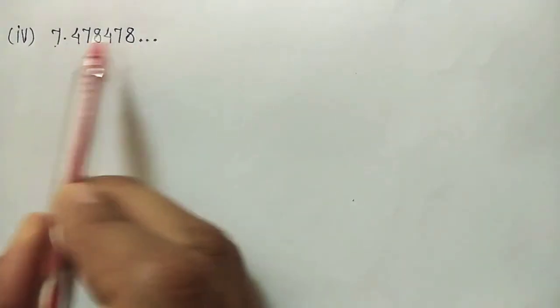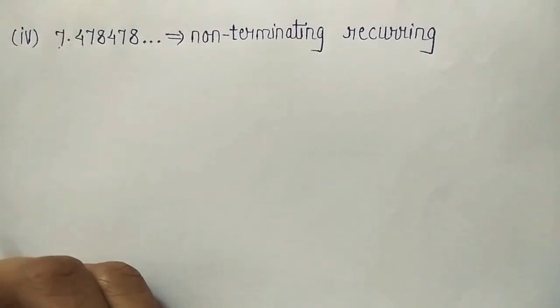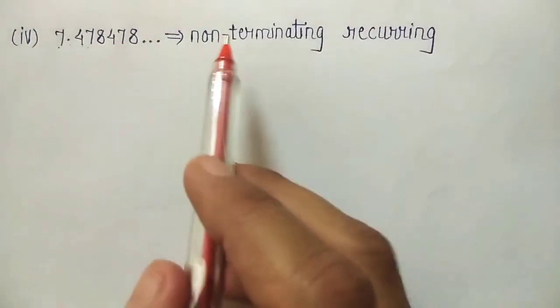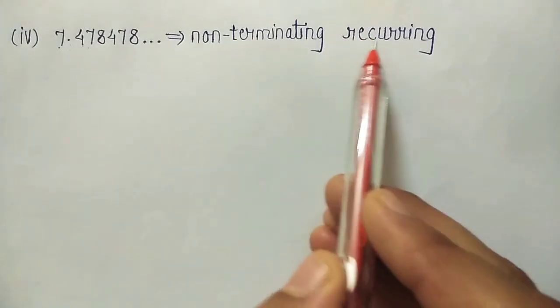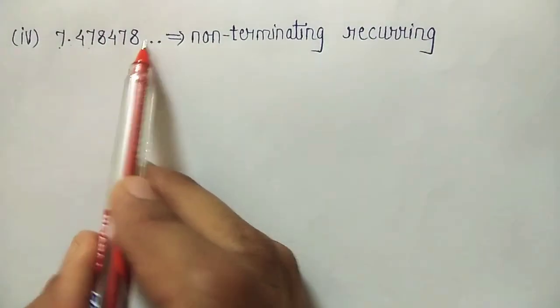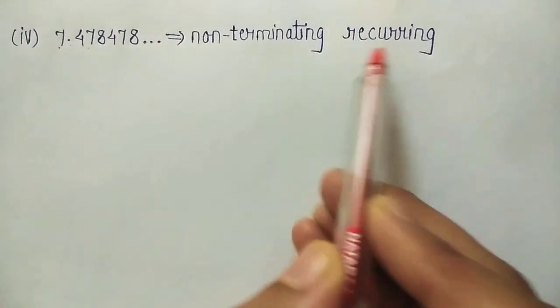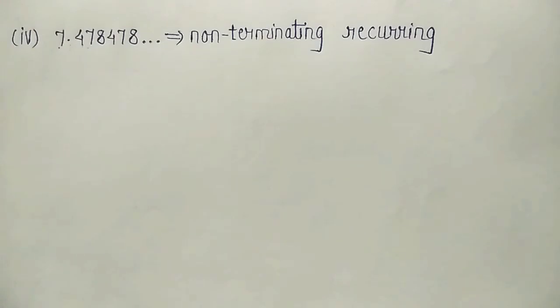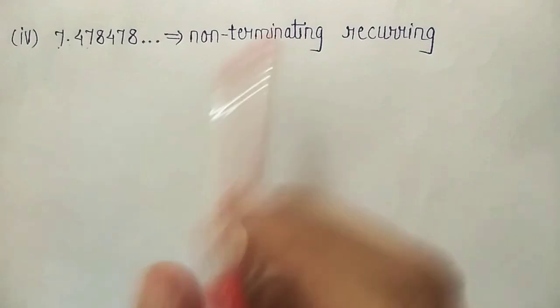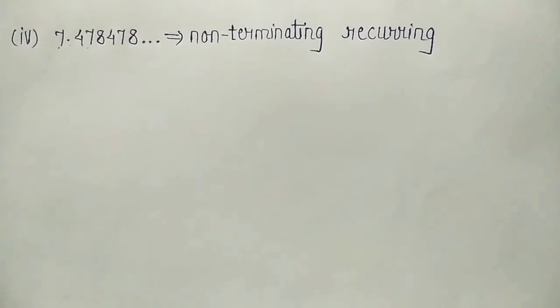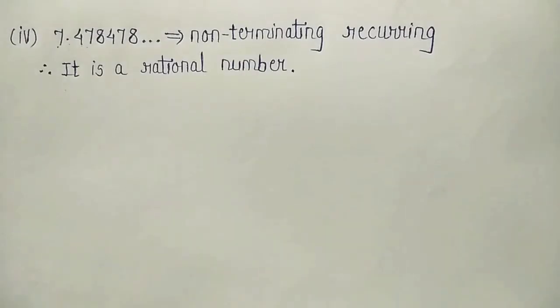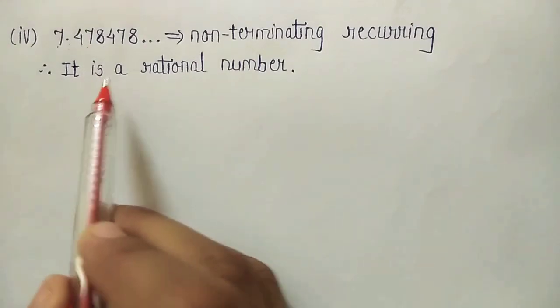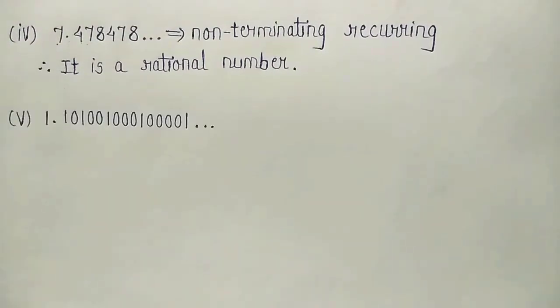So these digits are repeating digits, which means this decimal expansion is non-terminating recurring. It is not terminating, it is continuous, also recurring. Why? Because these digits are repeated. And we know that when the decimal expansion is non-terminating recurring, it is a rational number. So we'll write, therefore, it is a rational number.